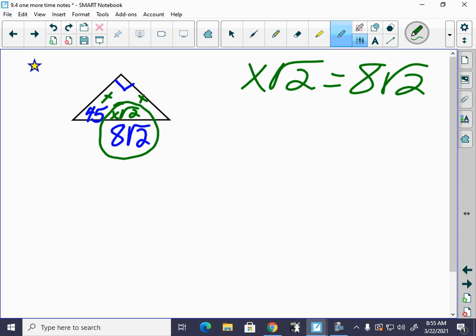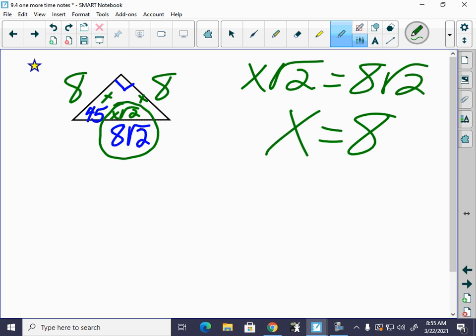They are the same square root of 2's. So instead of doing the shortcut, I can do this one even faster because this is the square root of 2 and that's the square root of 2, which means that this has to be that. X equals 8. So I just do that and I do that and I'm done. What? That's crazy.